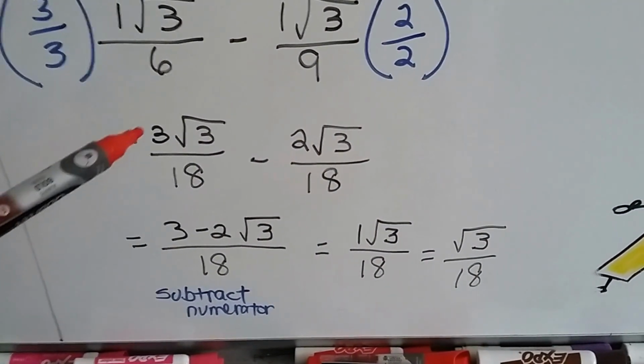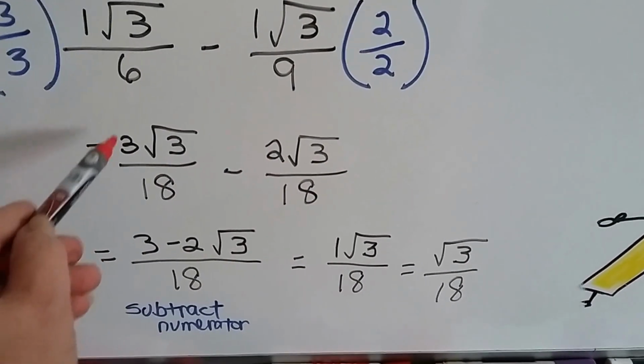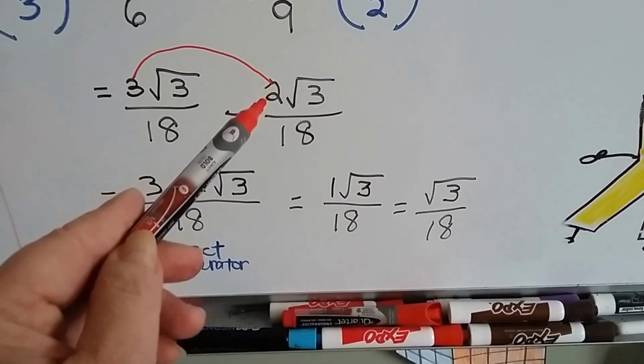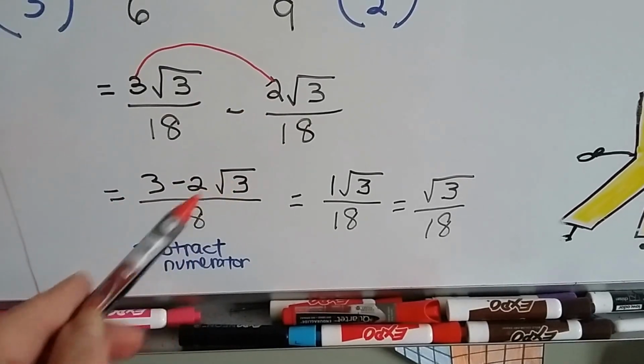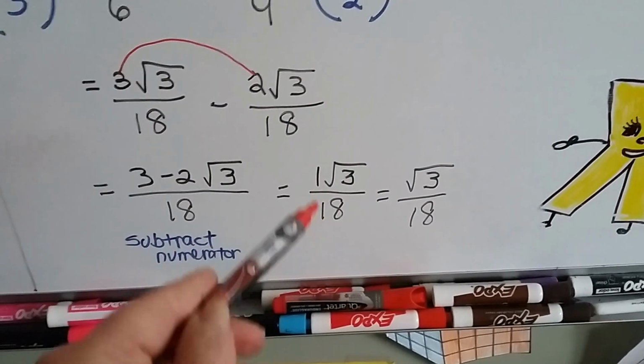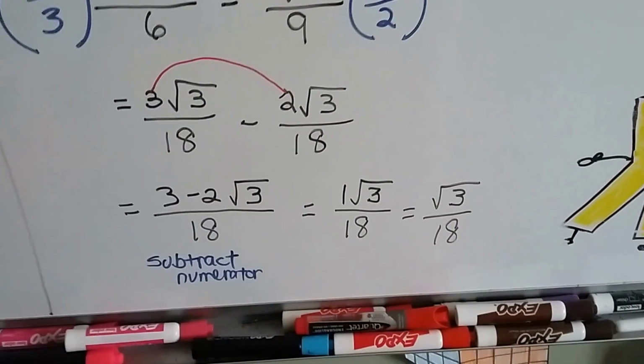And now look, we've got the same denominator, and now we can do our subtraction. We end up with 3 minus 2 square root of 3 over 18. And 3 minus 2 is a 1. We don't have to write that 1, do we? So we can just put square root of 3 over 18.